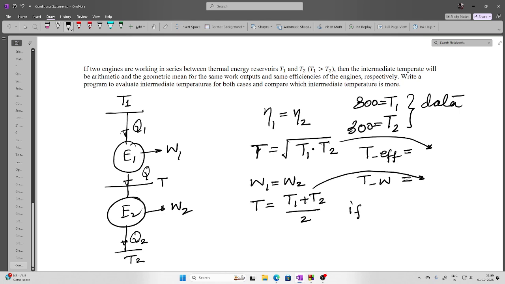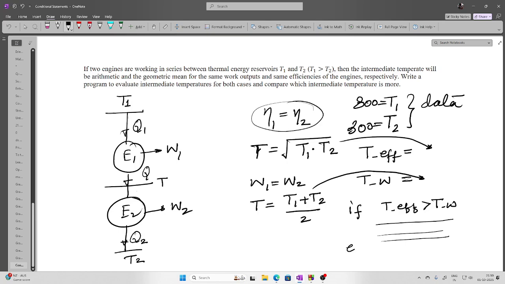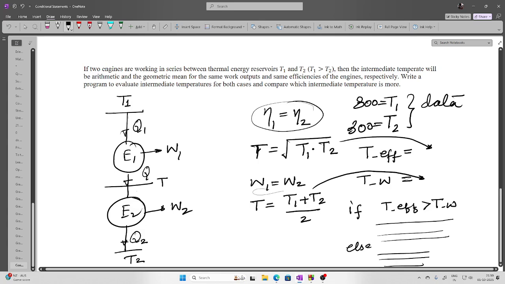Then you have to check if TFF is more than TW, print TFF. That means the temperature in case of equal efficiency is more, else print that the temperature in case of equal work output is more.